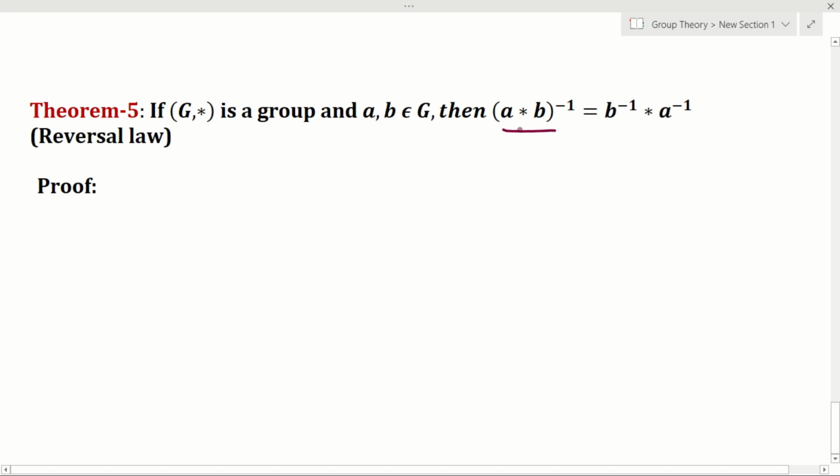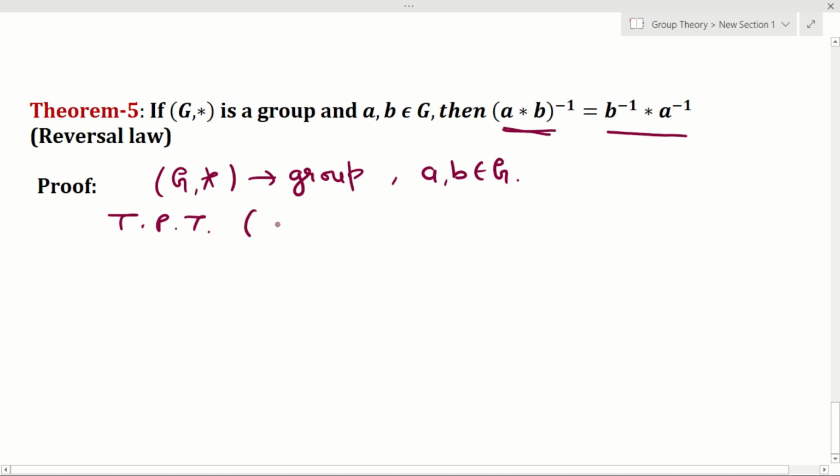Okay, now observe carefully. A star B whole inverse is equal to B inverse star A inverse. What is given? G star is a group and A and B are any two elements of G. Our aim is to prove that A star B whole inverse is equal to B inverse star A inverse.